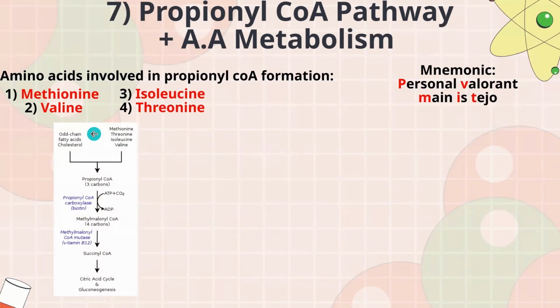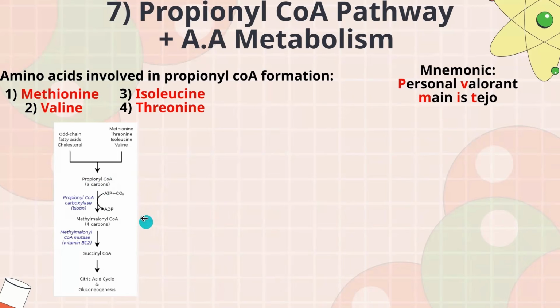So here, for those who studied fatty acids and cholesterol, beta oxidation, and the other lectures, you're going to notice that we know that it eventually forms propionyl CoA, but we also now know from this lecture that it forms from methionine, threonine, isoleucine, and valine. So here you form your propionyl CoA, which is three carbons, and it is going to undergo propionyl CoA carboxylase.